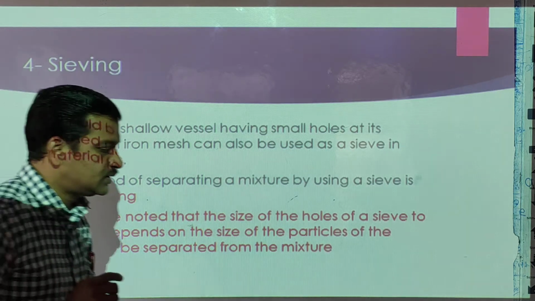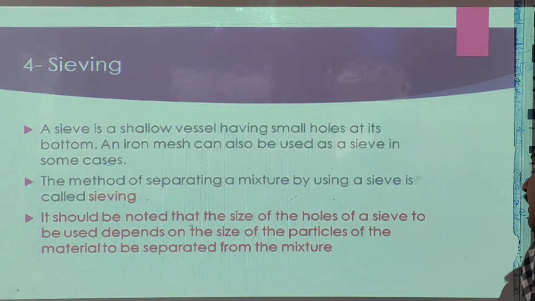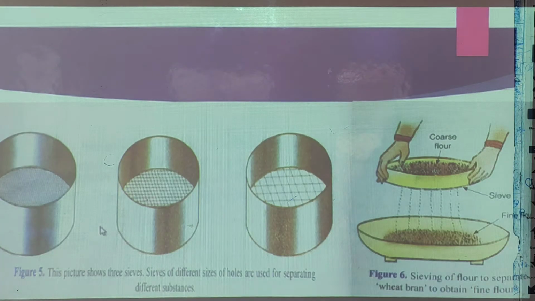If you want to see the sieve, yes, these are sieves. You can see these sieves, one, two, and this is the third one, and all these sieves have holes of different sizes. This sieve has small holes, this sieve has slightly bigger holes, and this sieve has even bigger holes.